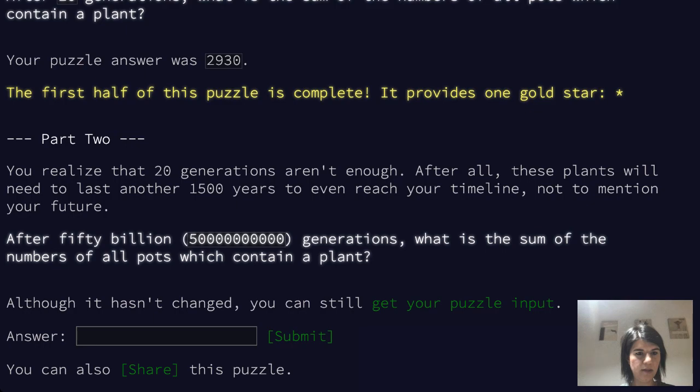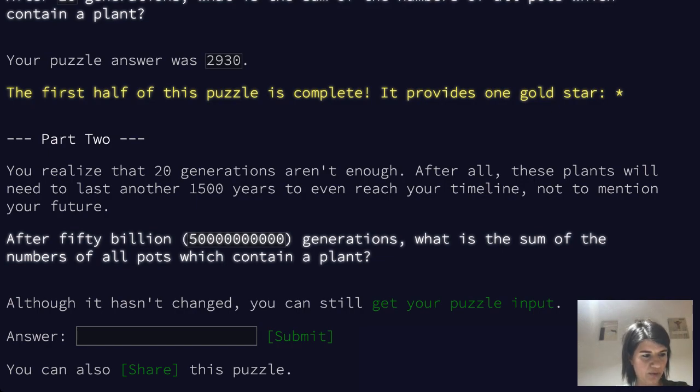Okay, you realize that 20 generations aren't enough. After all, these plants will need to last another 1,500 years to even reach your timeline, not to mention your future. Okay, after 50 billion generations. So 50 billion is 50 times 1,000 million, whereas a million is 1,000,000.